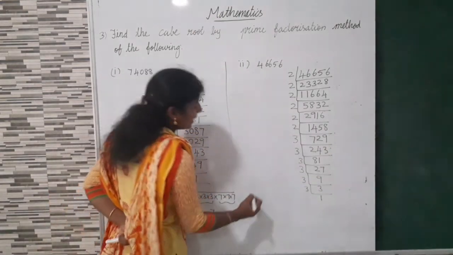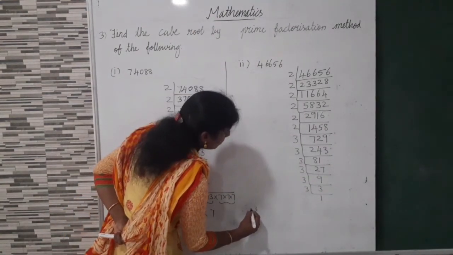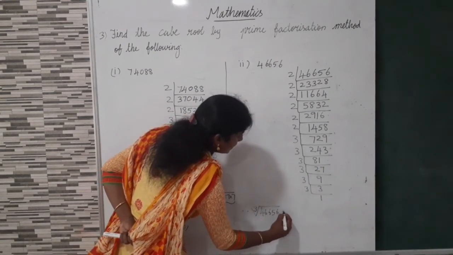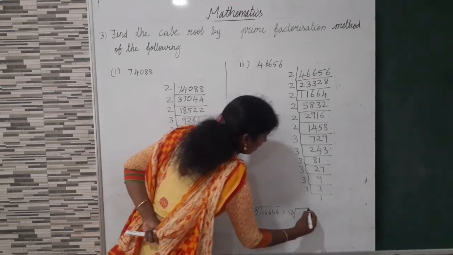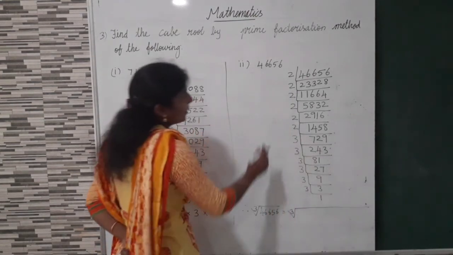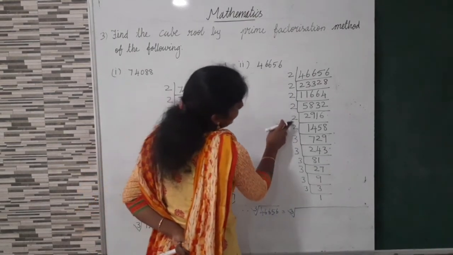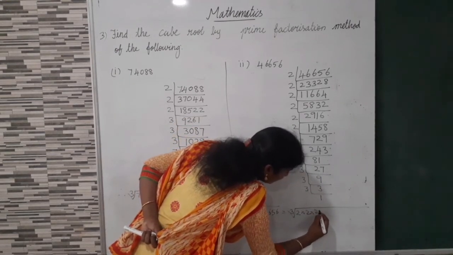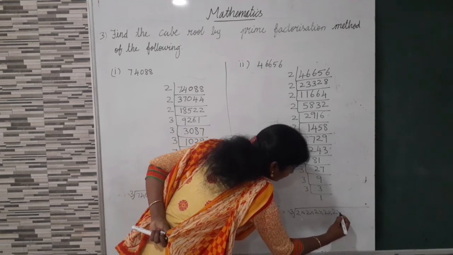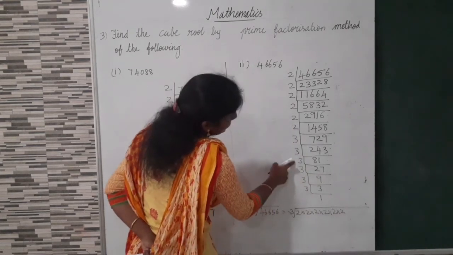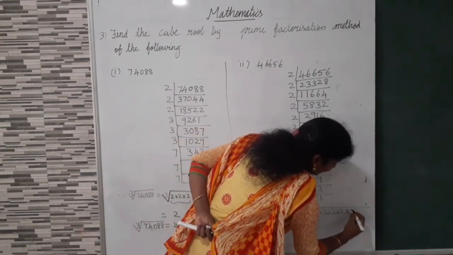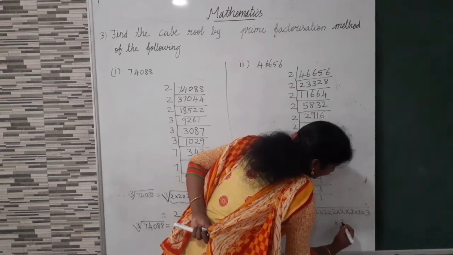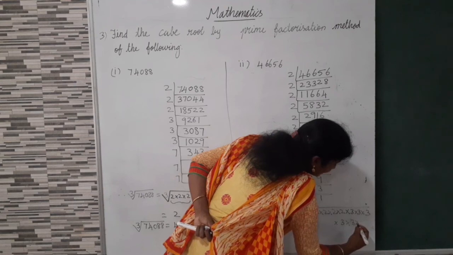Okay, now we can write therefore cube root of 46,656 equal to cube root of what are the prime factors? 6 times 2. 2 into 2 into 2, 2 into 2 into 2. Then 6 times 3. 3 into 3 into 3. Again 3 into 3 into 3.